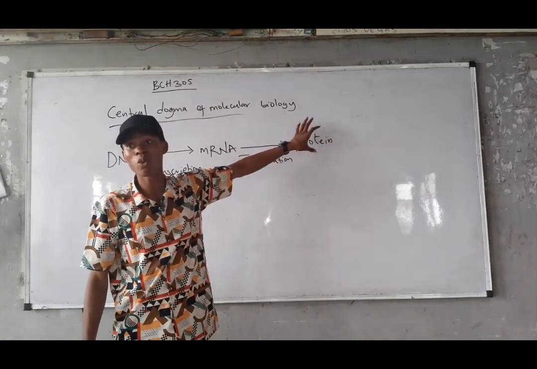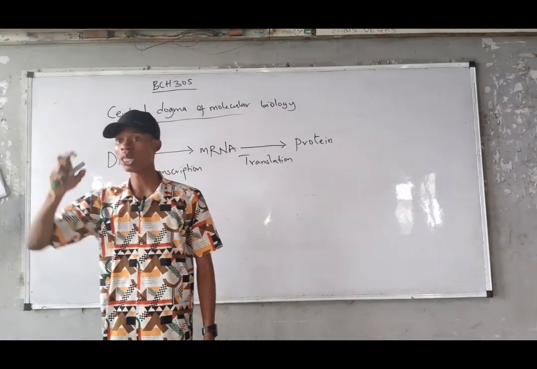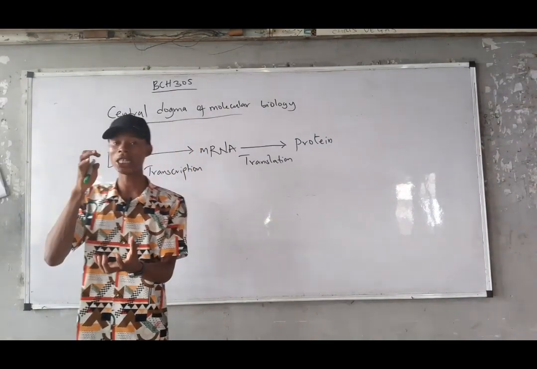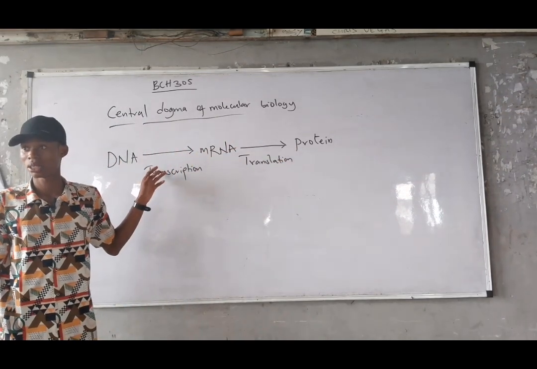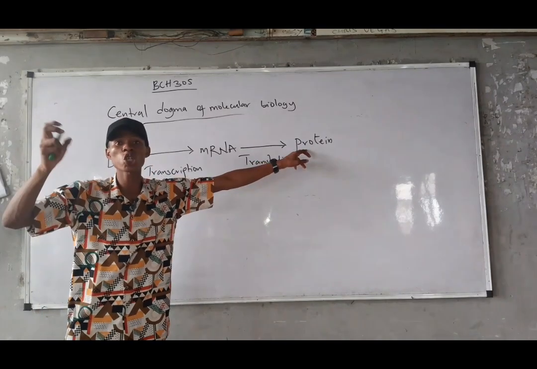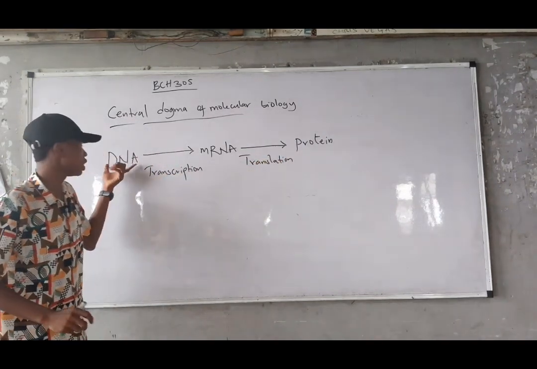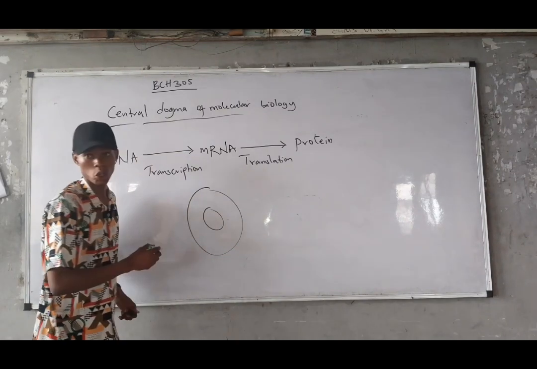So the protein we want to synthesize now. We want to synthesize it. But the information we need, the resources we need to synthesize this protein, is found on the DNA. Do you get? We want to synthesize protein, but the resources we need are found in the DNA. Now let's look at this cell. This is the nucleus, right?